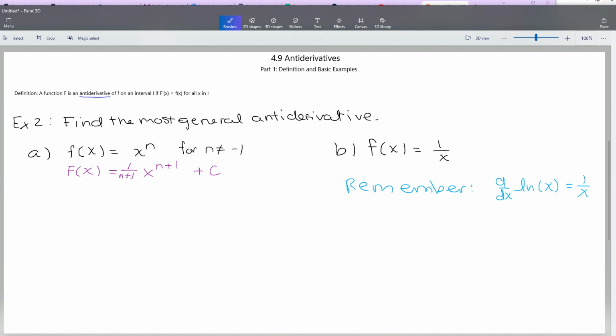Okay, so with that information in mind, we know that our antiderivative for 1 over x is going to be natural log x. Okay, and then again, it could have any constant, so we put plus c. Okay, so any power function that is not 1 over x, and then 1 over x. Okay, let's look at a couple more that we know where they come from.